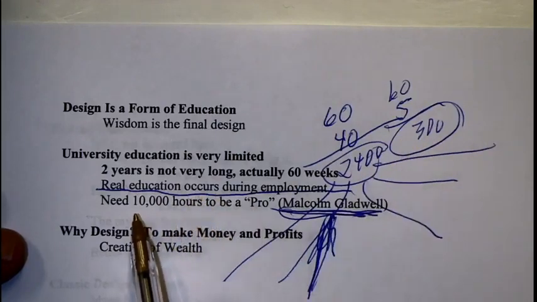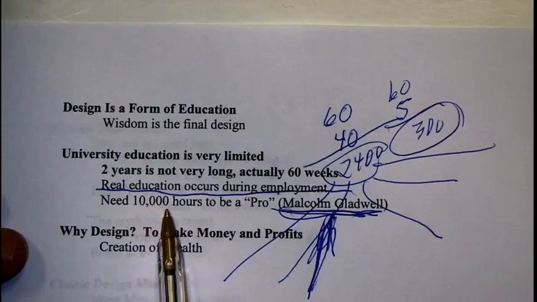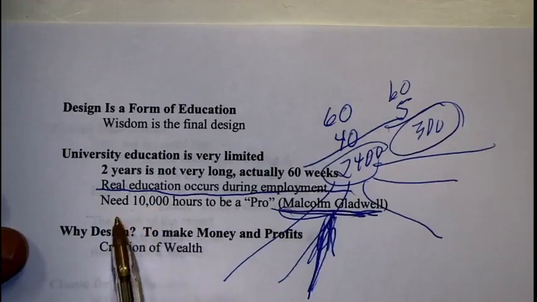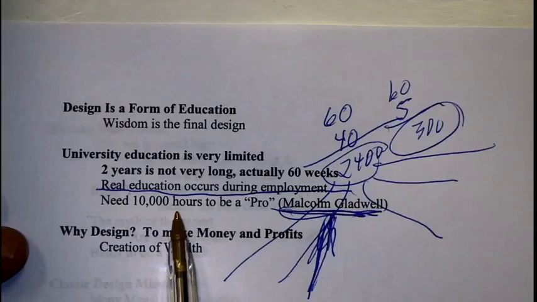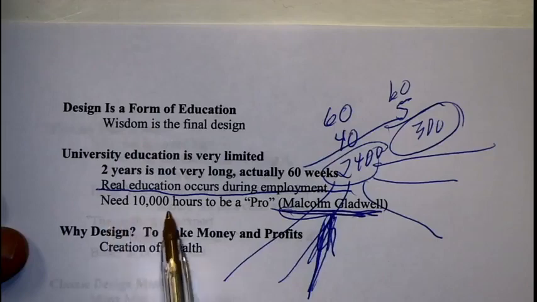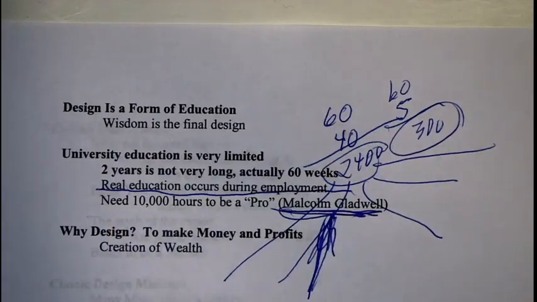I mean, Tiger Woods did not get created overnight. The Beatles did not get created overnight. Right? So Malcolm calculates that the Beatles put in at least 10,000 hours before they hit the big time.